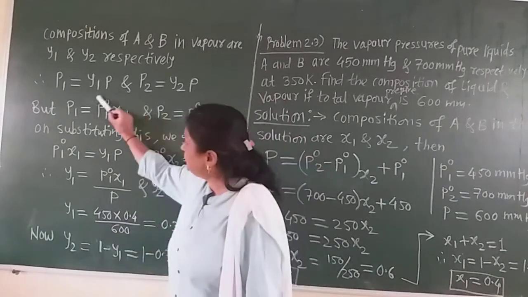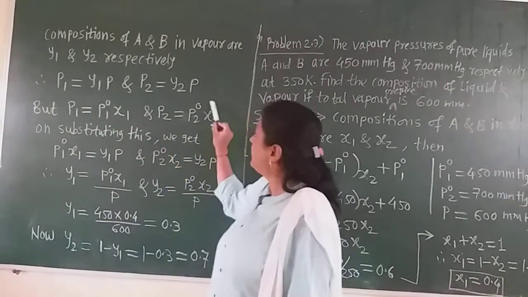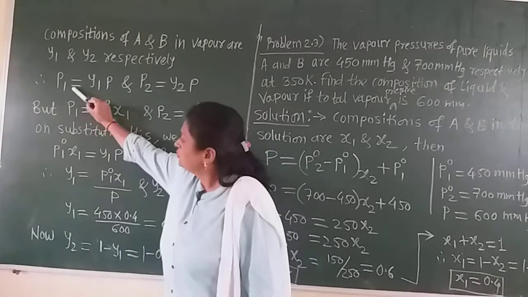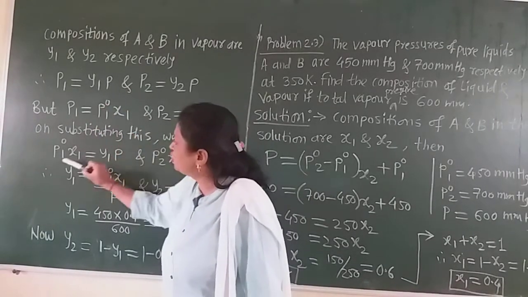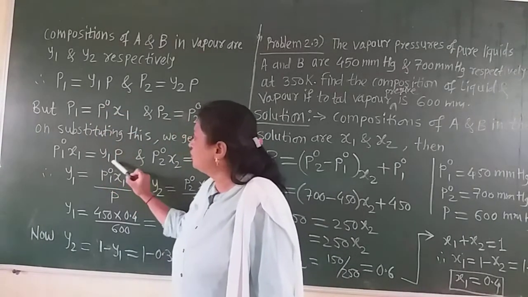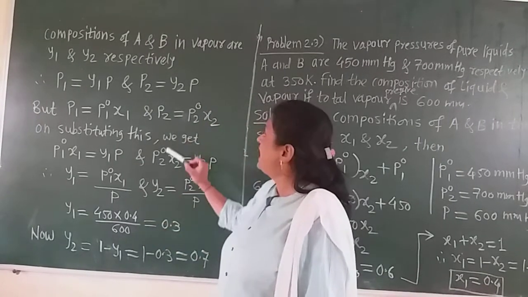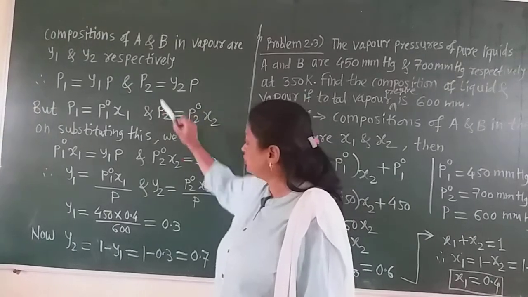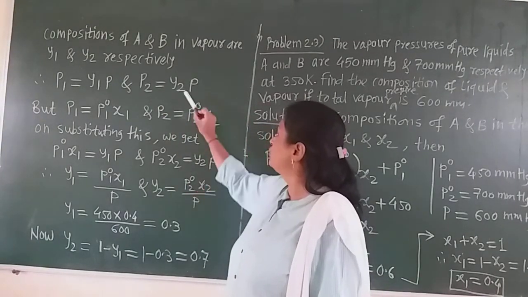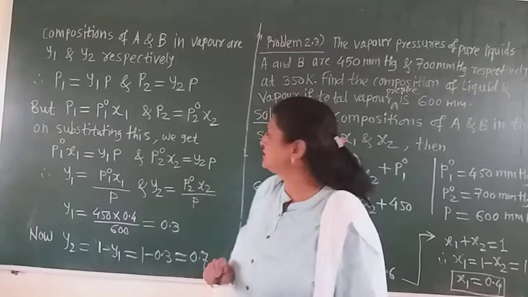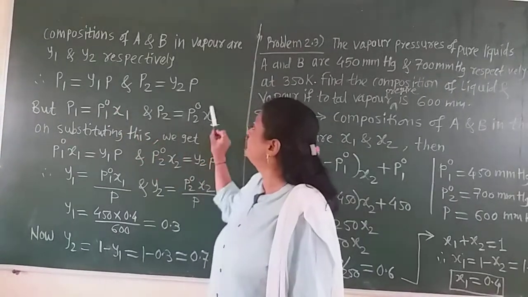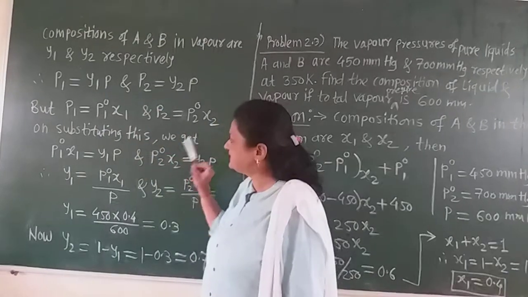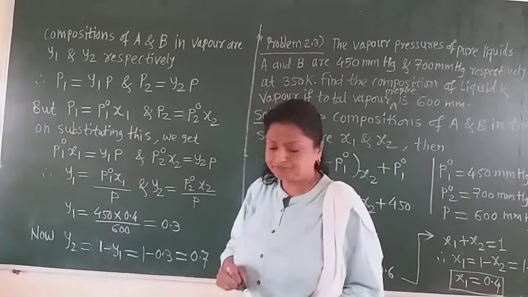Now substitute these values of P1 and P2 in this equation, so P1⁰ x1 is equal to y1 P, and P2⁰ x2 is equal to y2 P. So we obtain this equation.